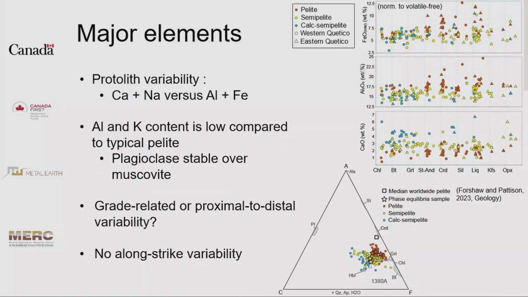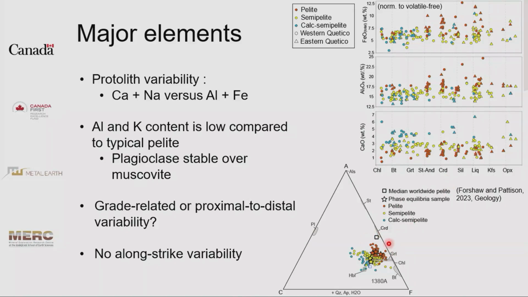Okay, for major elements, as I mentioned, there's quite a bit of variability in the calcium and aluminum versus aluminum and iron. What this means is that these are typically biotite-rich, muscovite-poor pelites compared to the typical worldwide pelite, so that's going to have some impact on the phase equilibria.